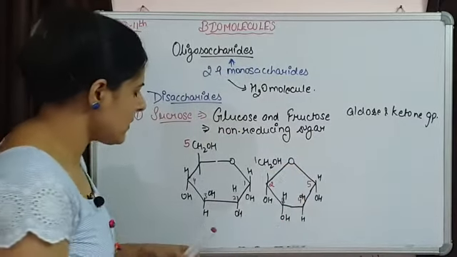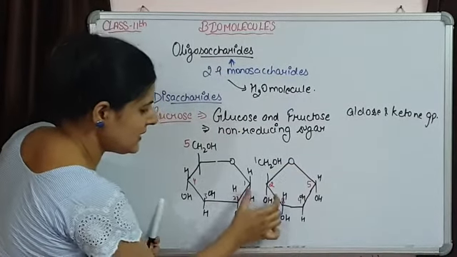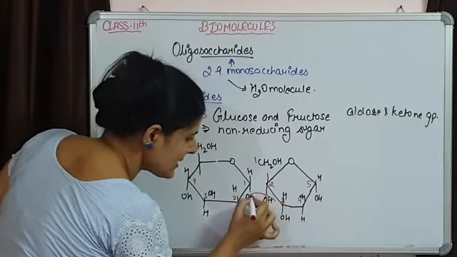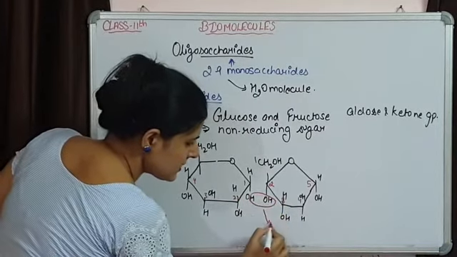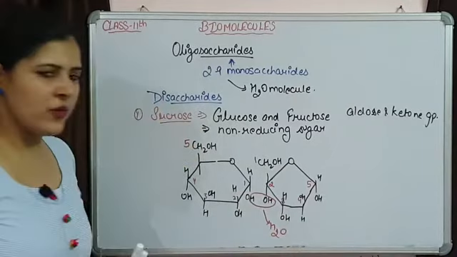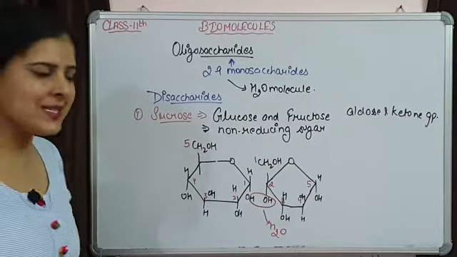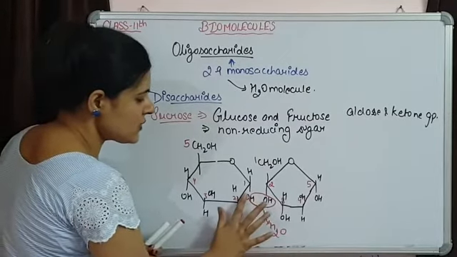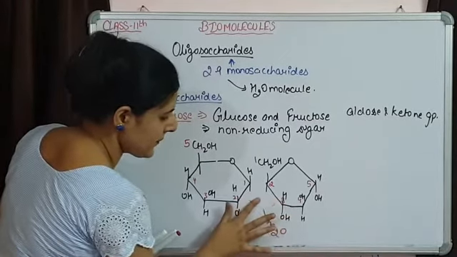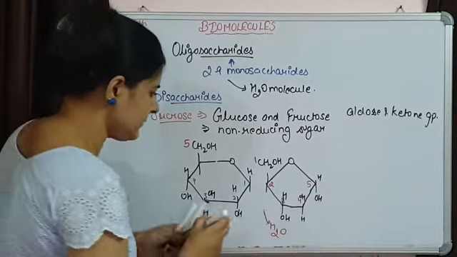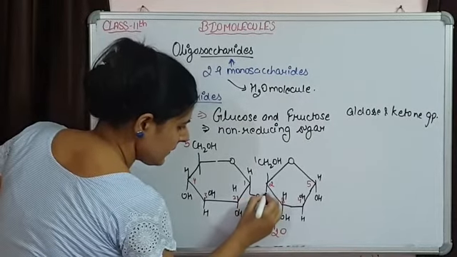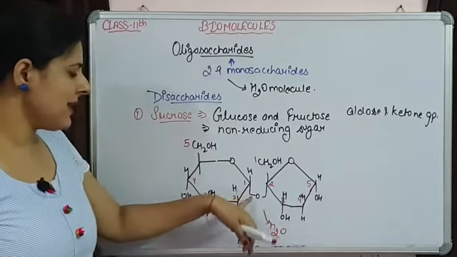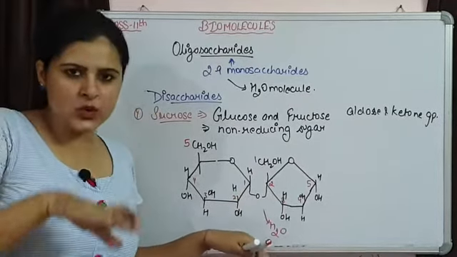We are going to discuss specifically these two. Now from here, a water molecule is released, and the bond is going to form. So oxygen is going to come here. Water is released, and the bond is alpha because the OH group was present on the lower side.